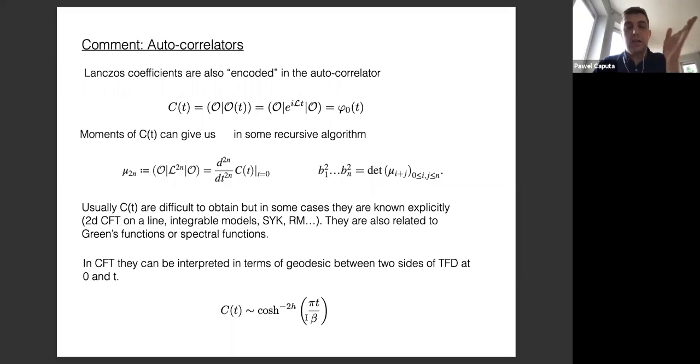So it's actually exponentially suppressed for late times. That means the model really does something to your operator such that it's not staying in the initial state. Okay, that's just a comment for people that maybe know something about this SYK story.